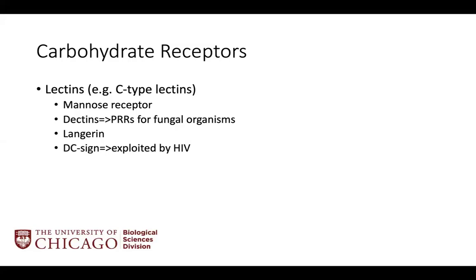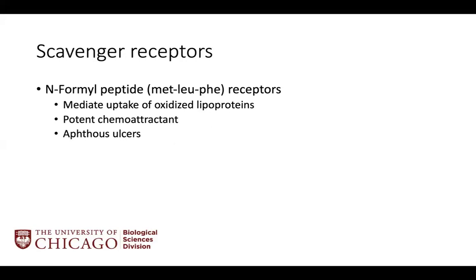So, a mannose binding receptor will specifically bind the carbohydrate mannose. There's one called dectins, which is a pattern recognition receptor for fungal organisms. Oh, yeah, this one is actually important. DC sign. DC sign is a type that is specifically exploited by HIV to get into the cells.